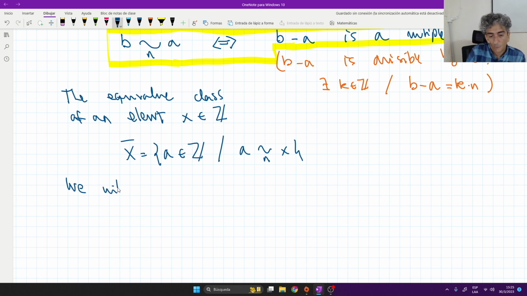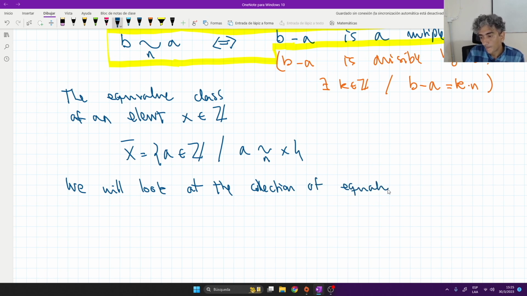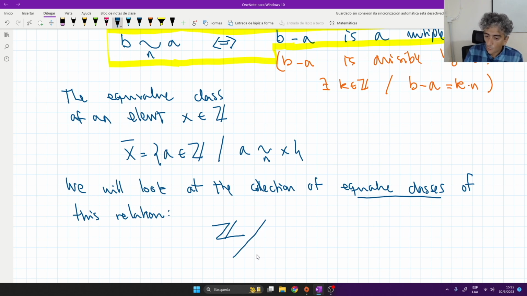We will look at the collection of equivalence classes of this relation, and we're going to note it Z over this relation.